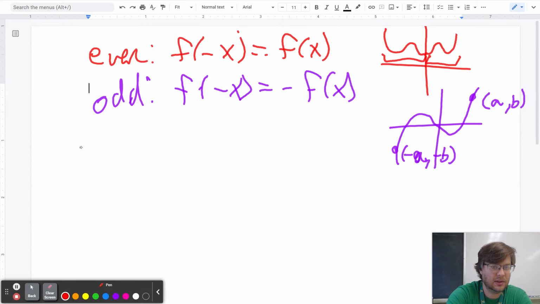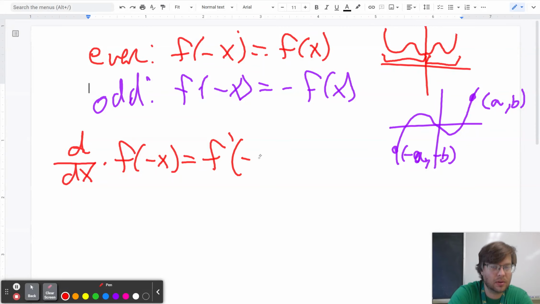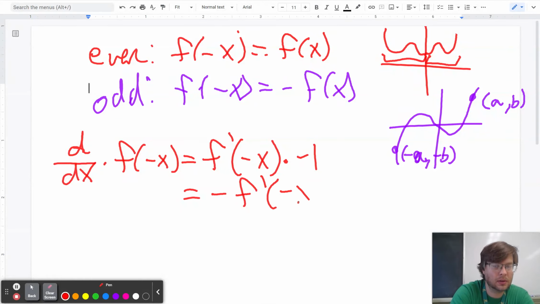So if I take the derivative of an even function, let's use this notation. The derivative of an even function is going to equal f prime of negative x times negative 1, which is negative f prime of negative x. Okay? So what we're trying to show is that this derivative is an odd function.